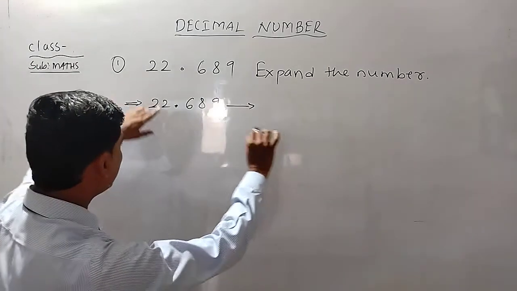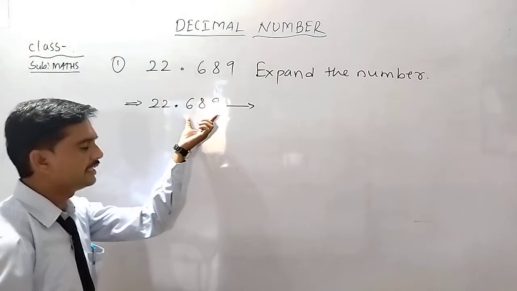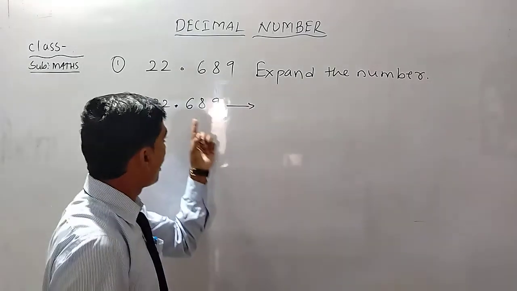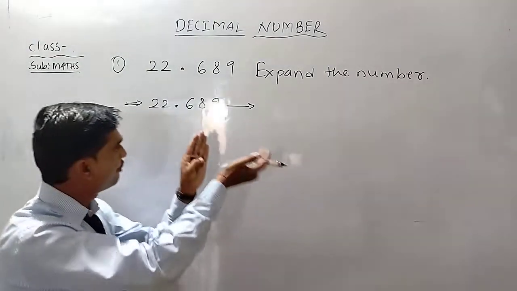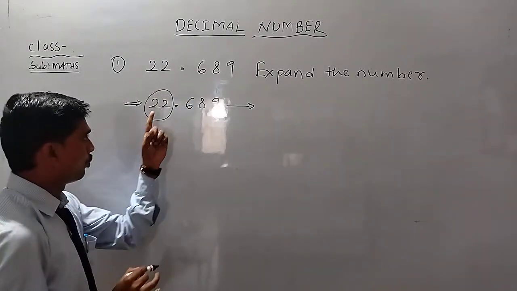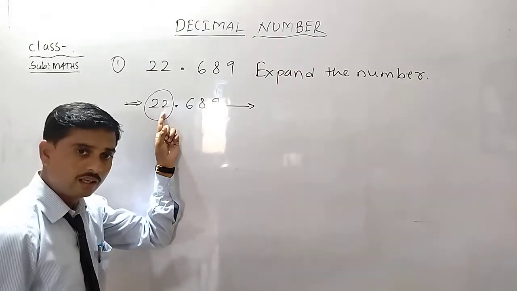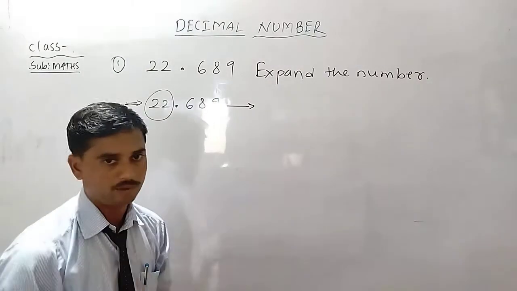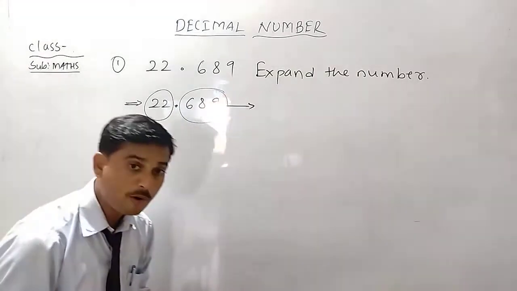Now let us discuss: after the decimal point, it is not a whole number, and before the decimal point, it is a whole number. The numbers I underlined we call whole numbers, and the numbers after the point we call parts of the whole.